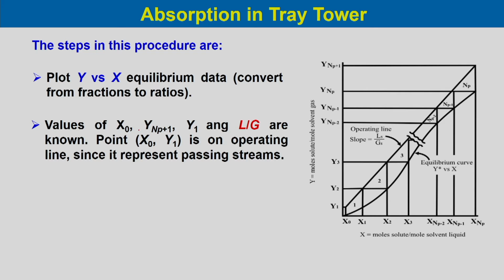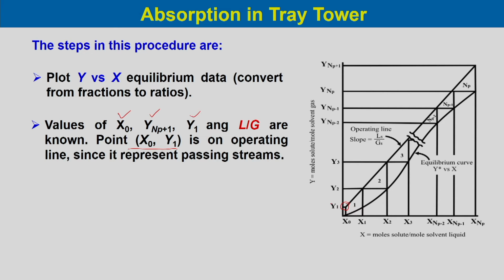So, all these points: this is the inlet composition for the liquid, this is the inlet composition for the gas, this is the exit composition for the gas, and L by G, these are known. So, the point x naught, y 1 is known. The operating line represents the passing streams.